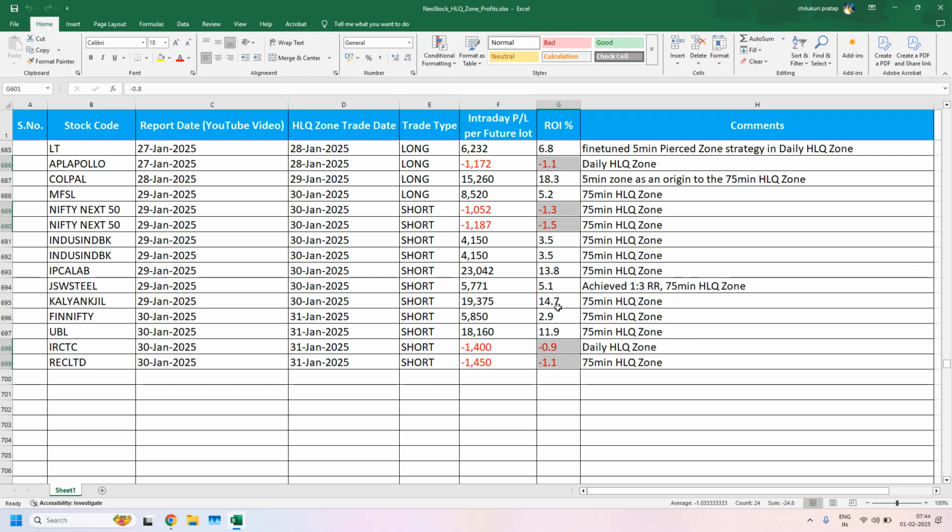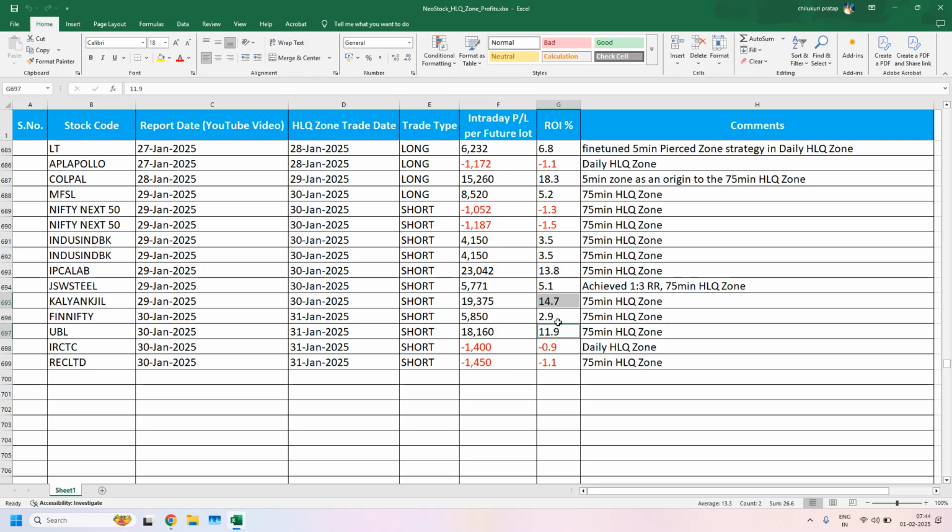Just imagine these two trades you would have taken, Kalyan Jewellers and UBL. Both together, you know how much? 26.6% ROI they have given. And all the 23 trades together, the amount you might be losing the whole month might be around 23%, close to 24.